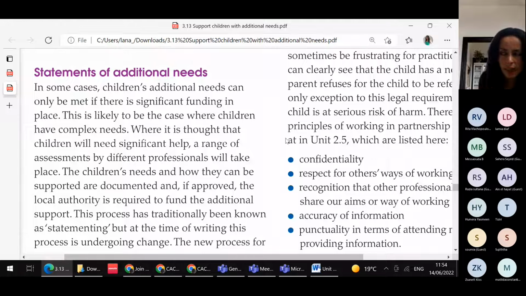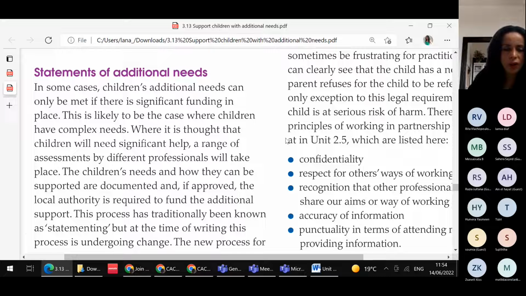Like there is funding for certain disabilities. So maybe his case would match this. So not only do we offer him support, but maybe also the government will pay us funding to take care of this child.